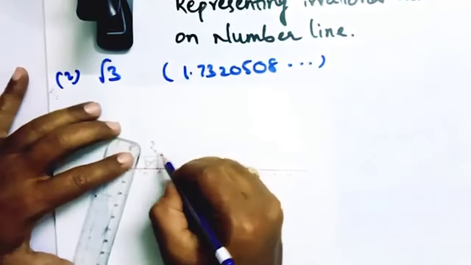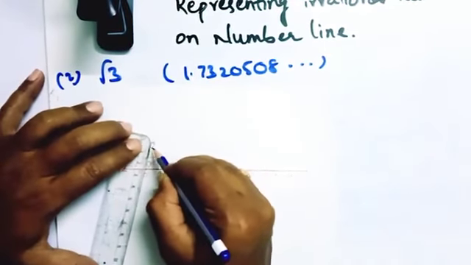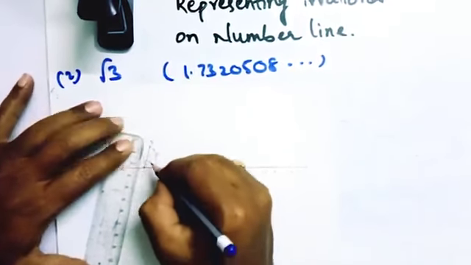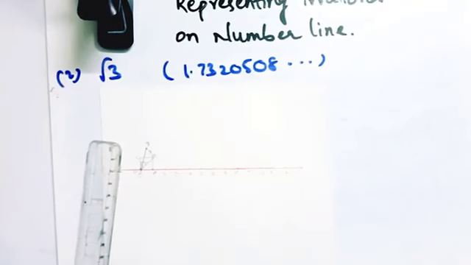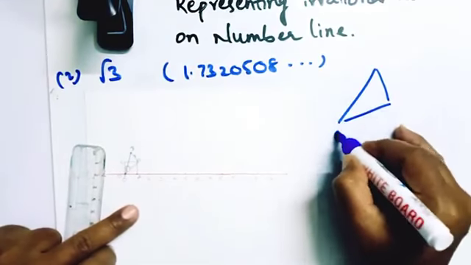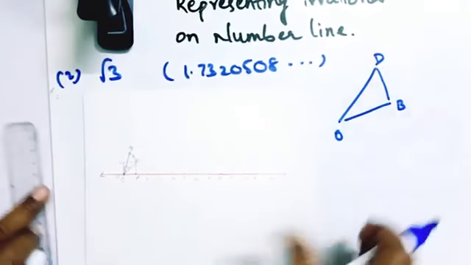Now what will the length of O to D be? See here, now we have a triangle like this, OBD. The O to B value is √2 and this side is 1.